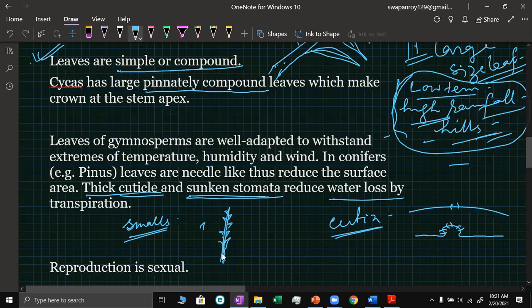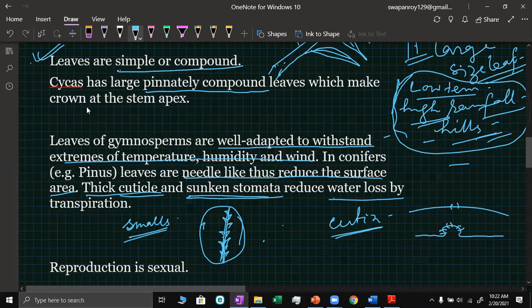These small size leaves also reduce the water loss. So in most cases the leaves are small. In the case of Pinus, the needle-like leaves also reduce the surface area, so reducing the loss of water through transpiration. So leaves of gymnosperms are well adapted to withstand extremes of temperature, humidity, and wind.